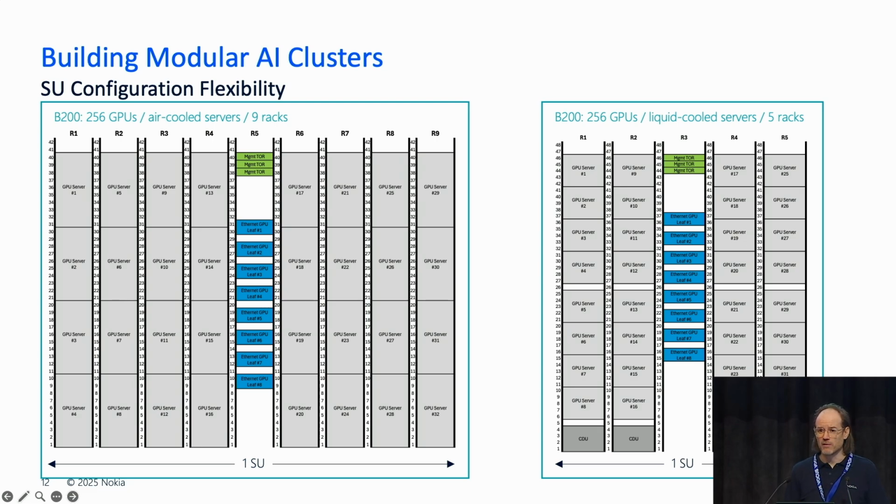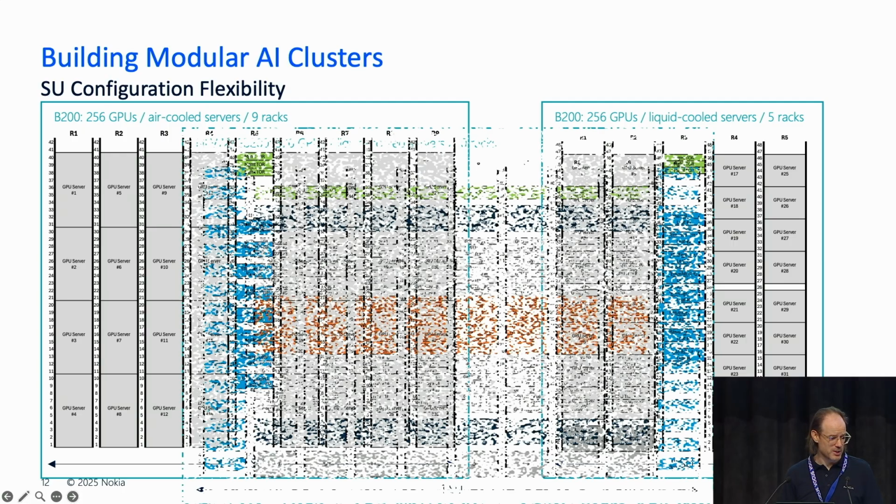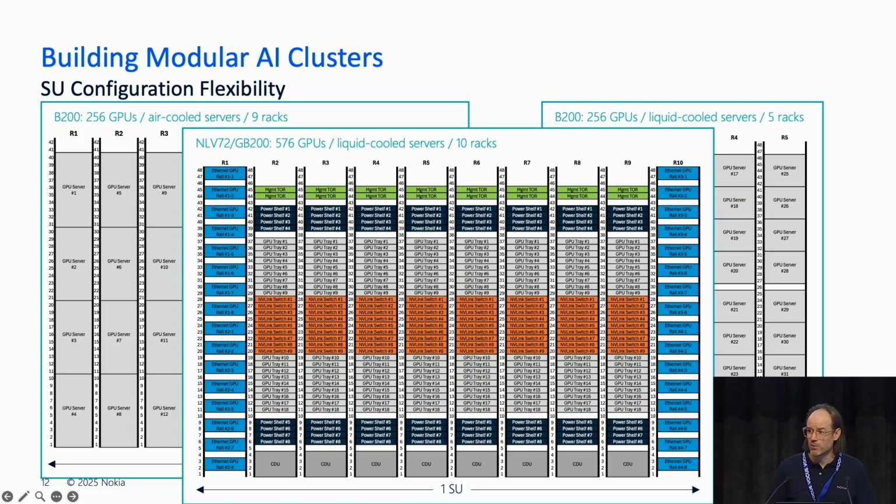Why this might be relevant is that this more compact footprint might enable me to use shorter reach optics or maybe even copper DAC cables, which can help me optimize the overall cost of these clusters. And last example, you can also look towards some of the rack scale systems that NVIDIA has, things like NVL72, in this example using GB200.